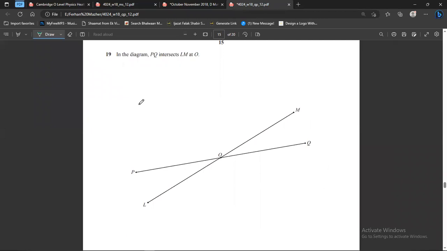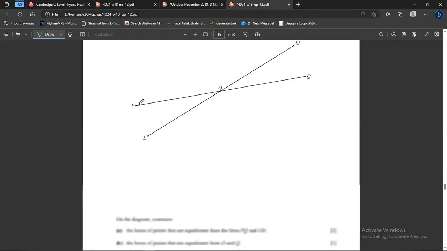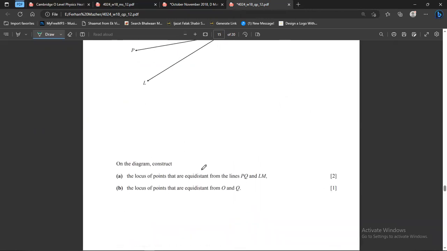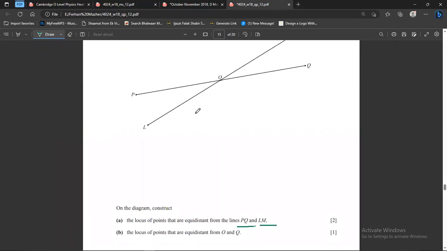Here we have in the diagram, PQ intersects LM at O. Their first question is, on the diagram, construct the locus of the points that are equidistant from PQ and LM. PQ and LM are two intersecting lines, and we want to draw the equidistant points from them. So we will draw the angle bisectors which are formed between them.